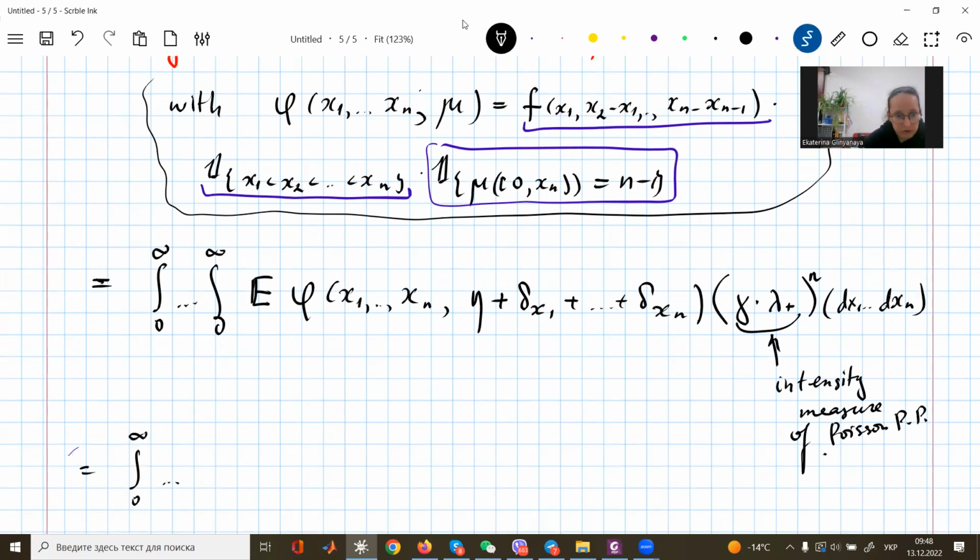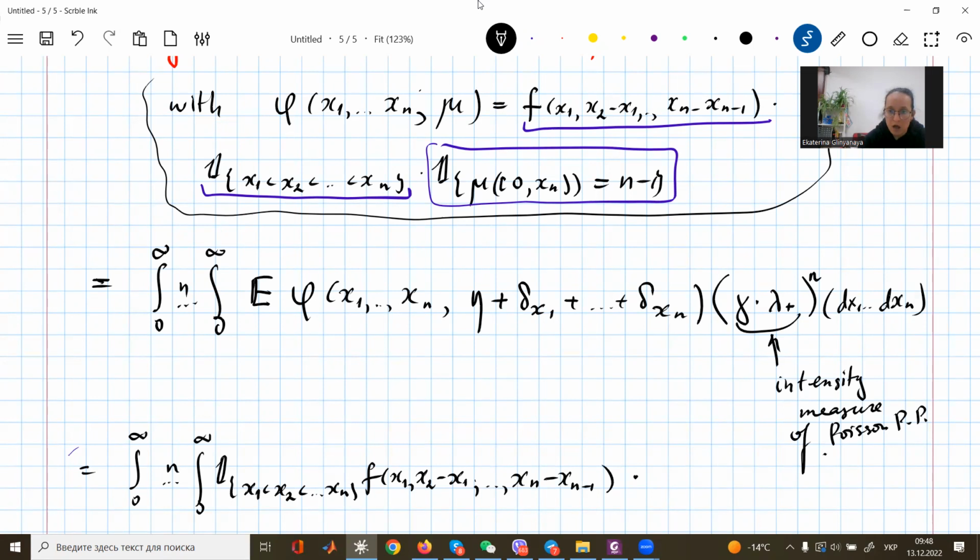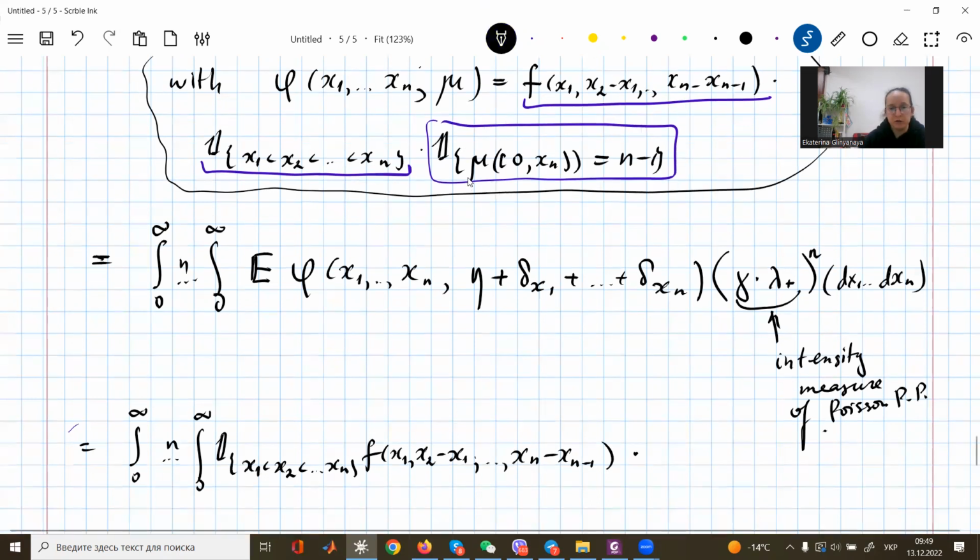So I write here integrals from 0 to infinity and times, what do I have? Indicator x1 less than x2 less than so on xn. Of course, I have this function, which is non-random: f of x2 minus x1 and so on, xn minus xn minus 1. And here, what is very important, the expectation of an indicator is equal to a probability.